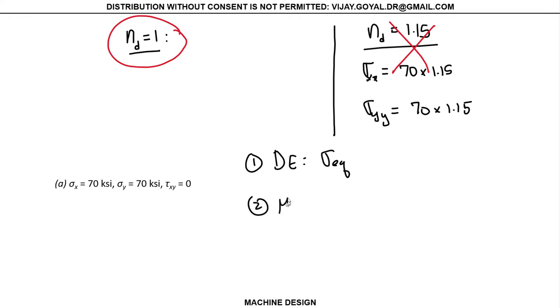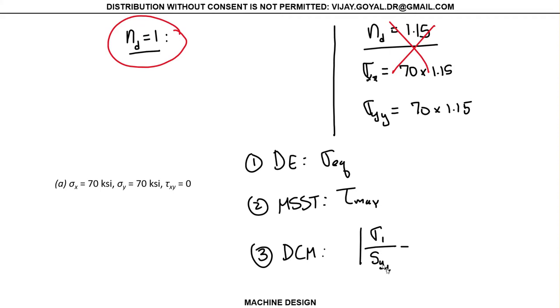Then I need to use the maximum shear stress theory, and for that we need tau maximum. And the ductile Coulomb-Mohr theory basically uses sigma 1 divided by S in tensile, and sigma 3 divided by S in compression. Okay, so we have those values.